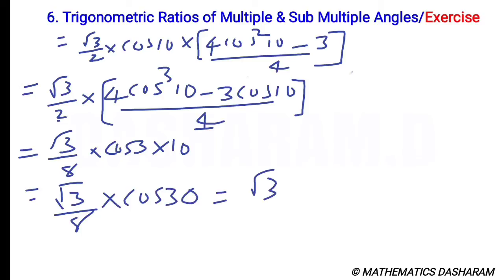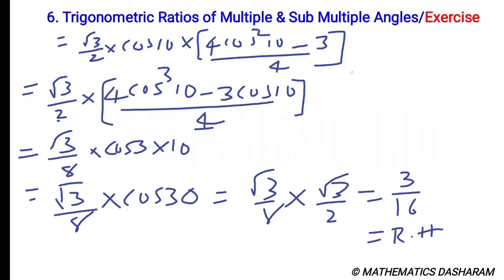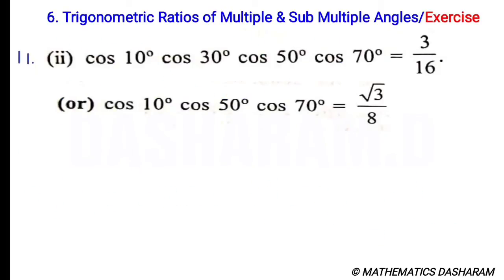So root 3 by 8 into cos 30 degrees, value root 3 by 2. Root 3 into root 3 is 3, 8 into 2 is 16. So it is equal to RHS. So hence proved. So the 11th question, second problem, asked in a different way.